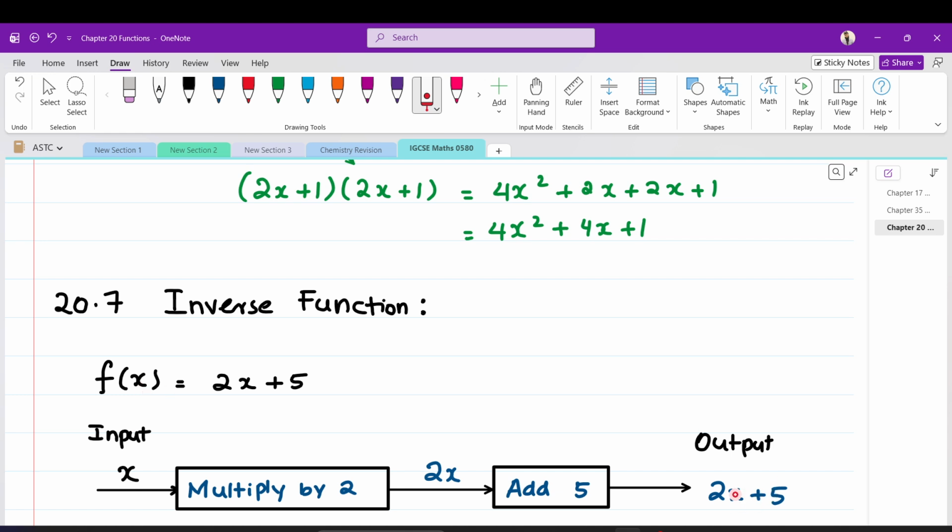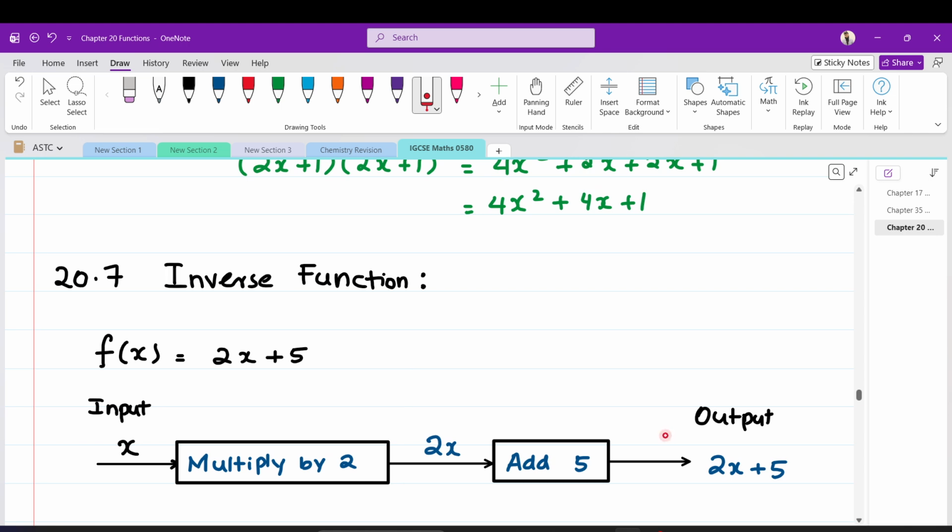Now, if I want to find the inverse of the function, what does that mean? I'm going to input my x from this side, and whatever mathematical operations we have applied over here, I'm just going to inverse them.